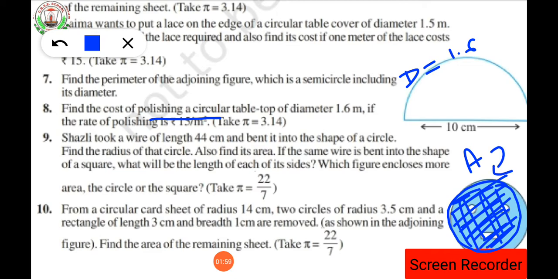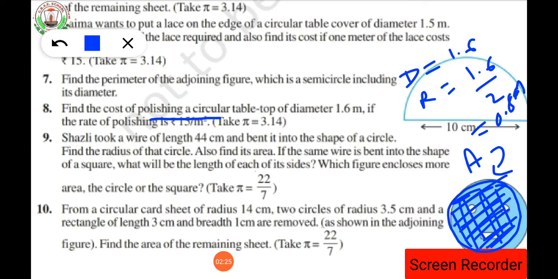Since it is said that we have to polish or paint on the surface, that means we have to find the area. Okay, so for the solution of this question, first we have to find the area of the circular tabletop whose diameter is 1.6. So the radius for this will be 1.6 divided by 2, that will be 0.8 meter, isn't it?